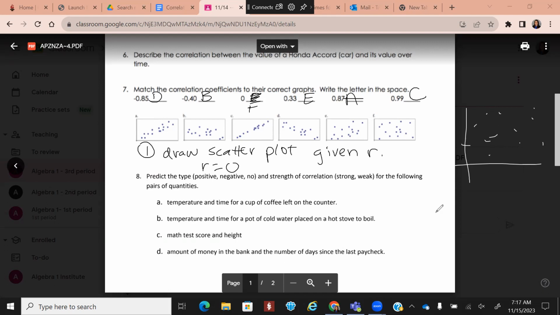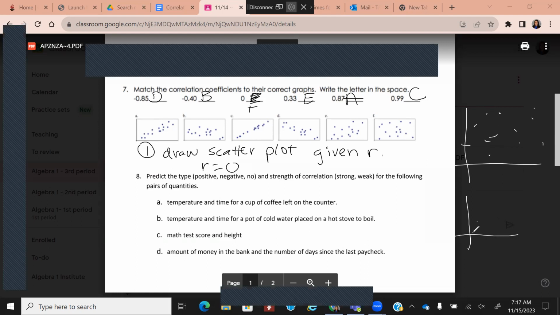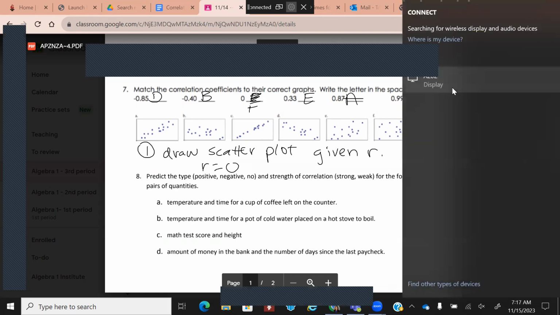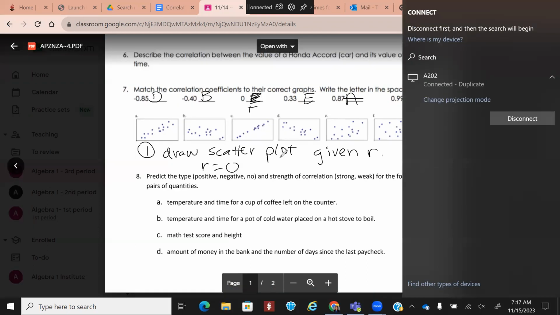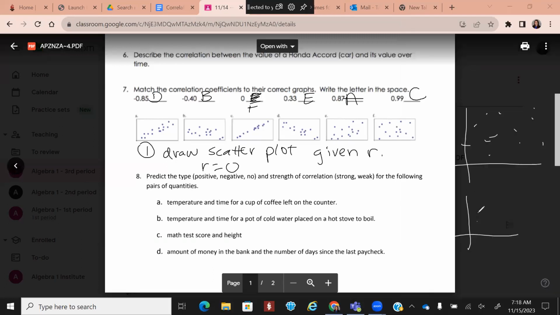Okay, if it has an R value of, let's say 0.87 or 0.9, then it's going to be closer to a straight line. Whenever this loads, it's going to be closer to a straight line, right? Like you can see that there's a straight line going on there, right?